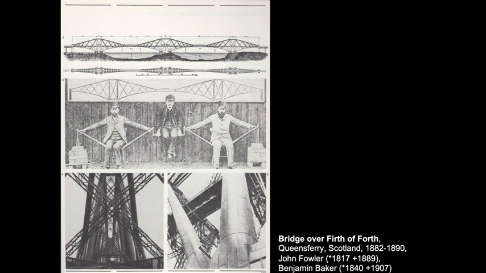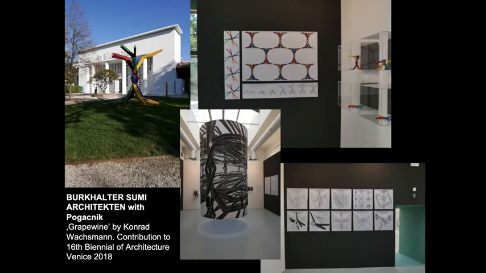Steel is not really recommended to cover compressive forces, but you see the tendency in which it goes. But steel can be more than columns, beams, and arches. It can be a structure in itself, a network, thanks to pioneers like Konrad Wachsmann.